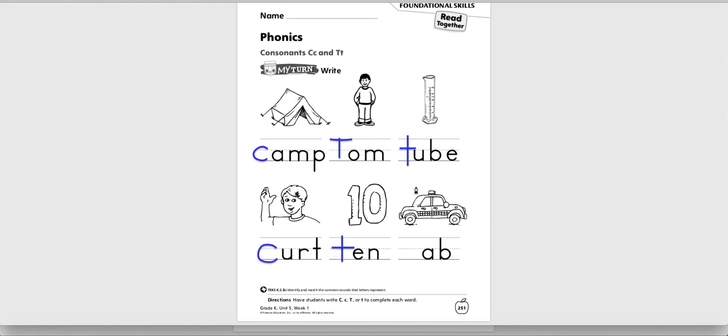Good job. Last picture. Cab. Am I going to draw the C or the T? C. Good job. Lowercase. Out of all of these, Tom is the only one that has a capital letter. That's because Tom is the name of a person. Good job.